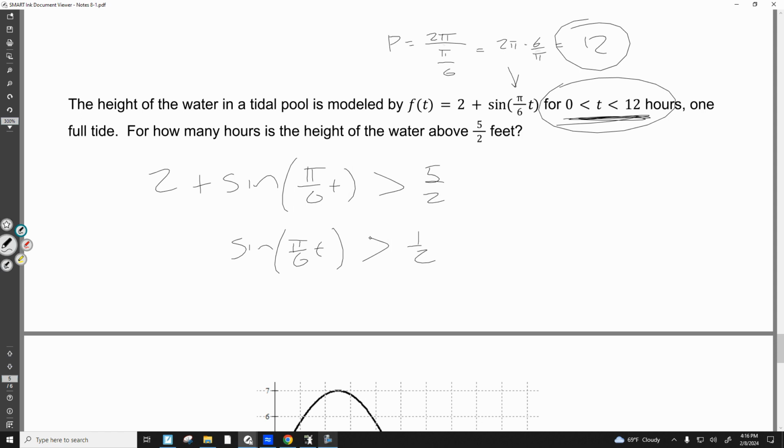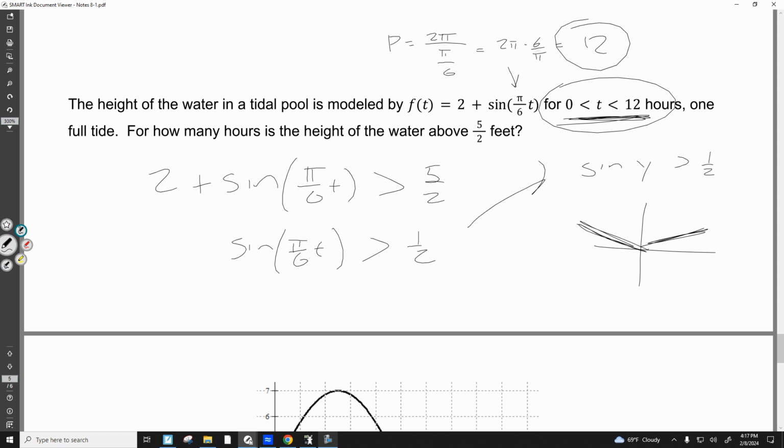Now just like we did before, think about your parent function. Sine of y. When is that equal to 1/2? Well, sine of y is equal to 1/2 at pi/6 and 5pi/6. And you will practice when you do your homework, getting more proficient at finding those angles, their locations. Do your homework. I might have to do the homework video too.